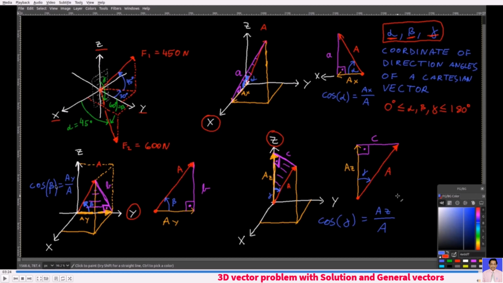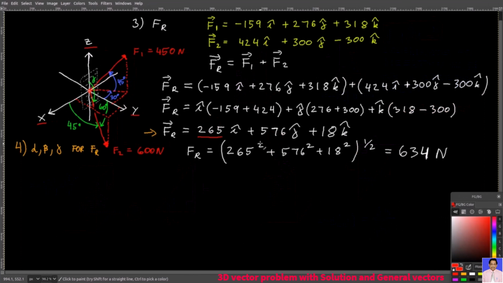Similarly, cosine beta equals the y component divided by the magnitude. And then cosine gamma equals the z component divided by the magnitude. You have the x, y, and z components of the FR vector, and you also have its magnitude.